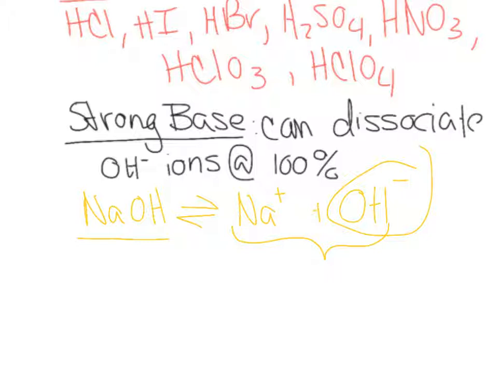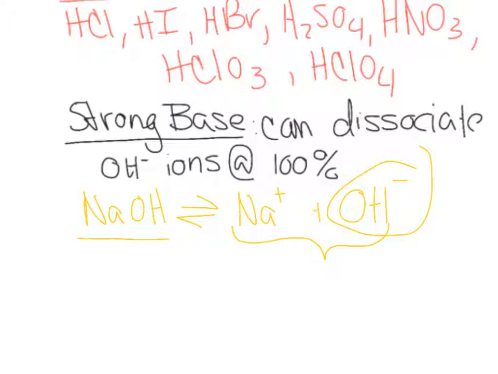Now, strong bases are really good at being bases. They produce as many hydroxide ions as possible when they are strong bases. So again, we are talking about having a very high Ka.